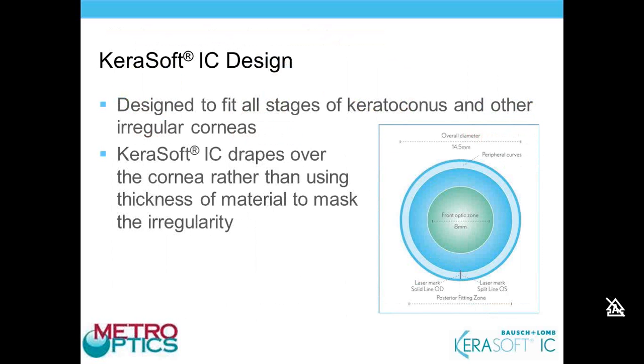So the KeraSoft IC lens drapes over the cornea rather than using thickness of material to mask the irregularity. In this case, we do not want to have excess tear pooling underneath this lens. So this lens is really meant to drape over the irregularity.